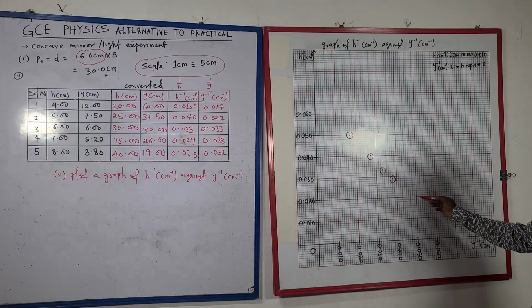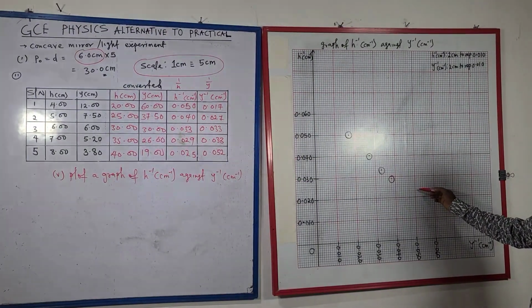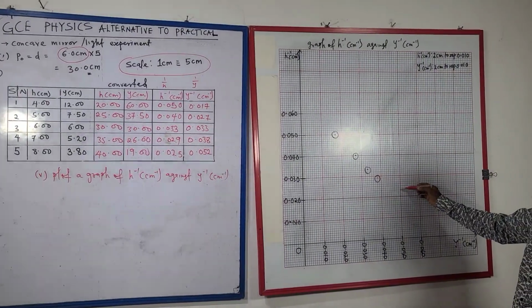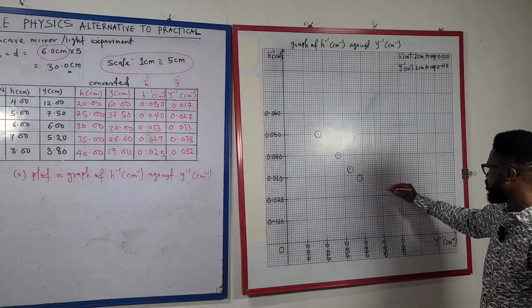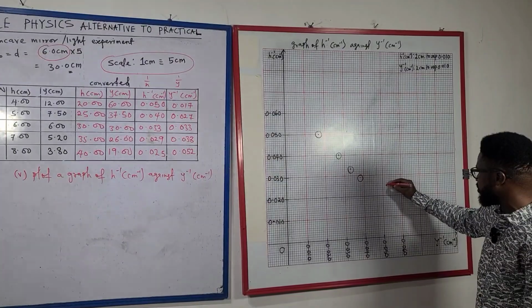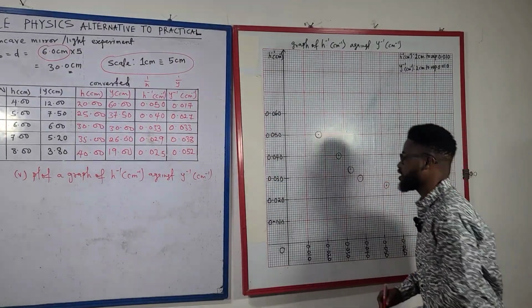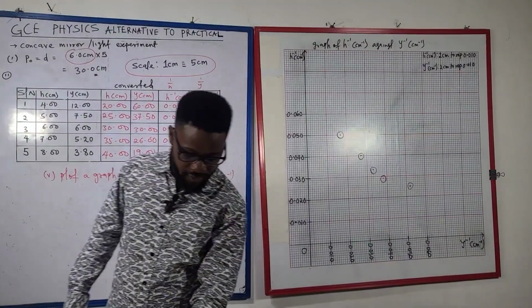Should be somewhere here. That falls, 0.052 falls totally way off it. It falls out of place, but that notwithstanding, that is what we have for that picking of our point.